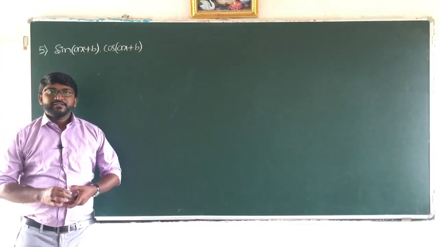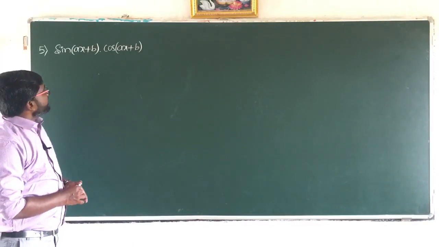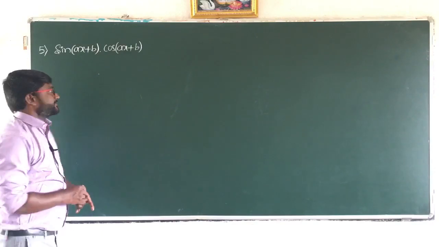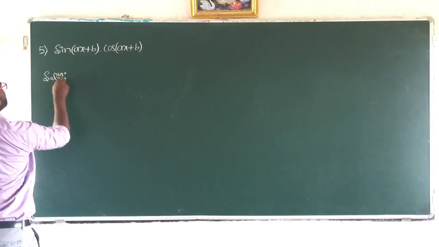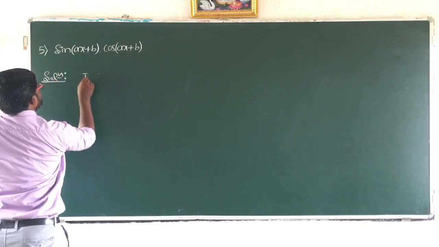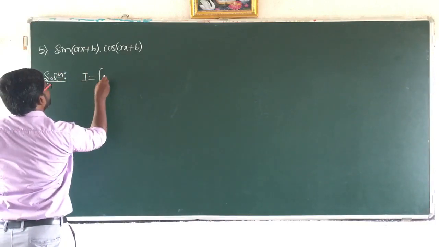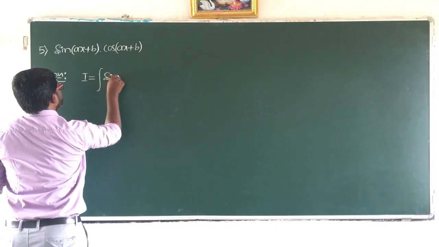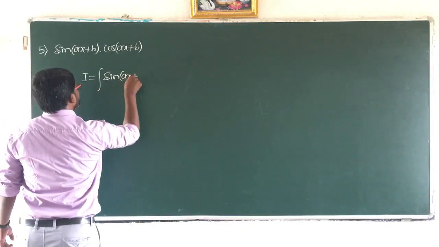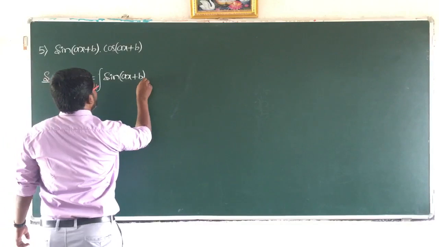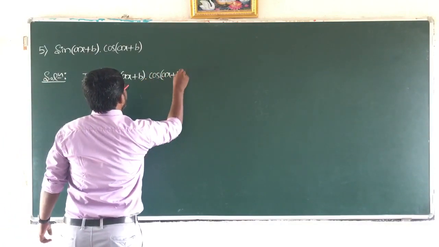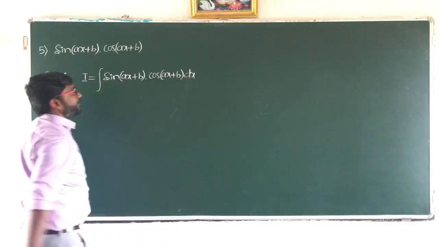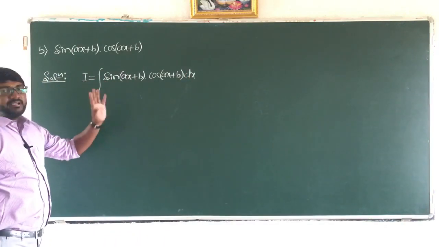Well, the fifth question is sin of ax plus b into cos of ax plus b. So take this as I, which is equal to the integral sin of ax plus b into cos of ax plus b dx. So now I multiply and divide by 2.